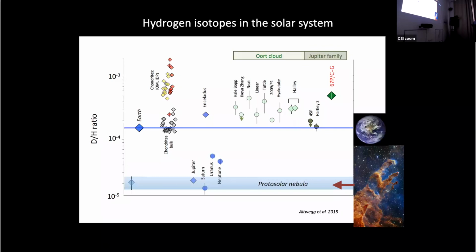And in fact, this is the composition of the terrestrial ocean, which is a kind of reference, and which is about 6 times richer in deuterium as compared to the starting gas.